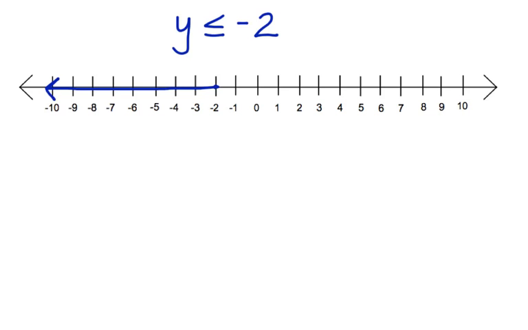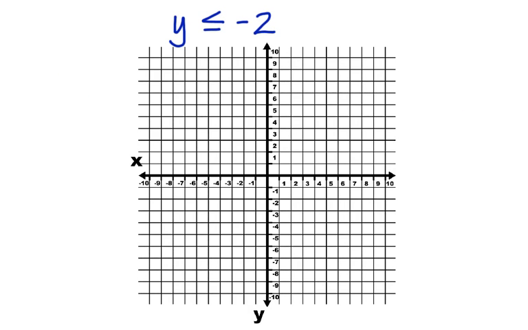Now let's graph the inequality on the coordinate grid. Now, when we had x is greater than 5, we put a point at 5 on the x-axis. Now we have y is less than or equal to -2. So we're going to put a point at -2 on the y-axis. Y is less than or equal to -2.